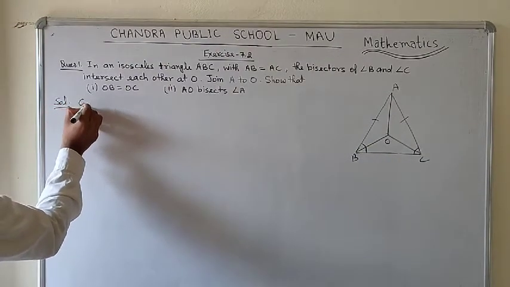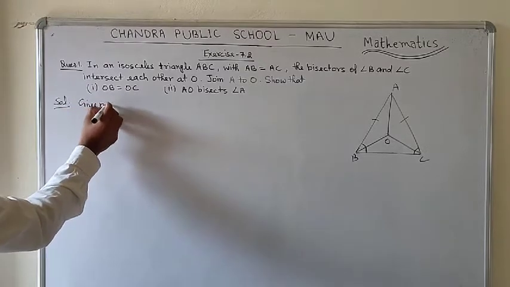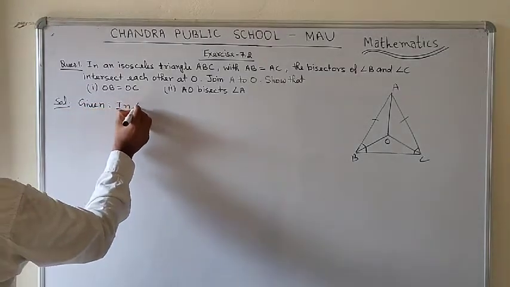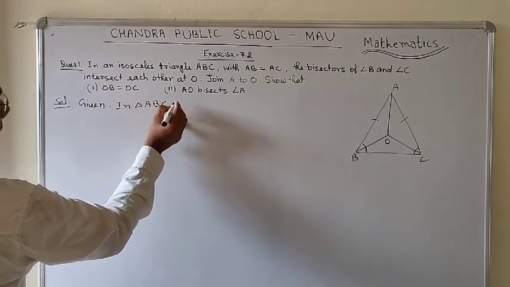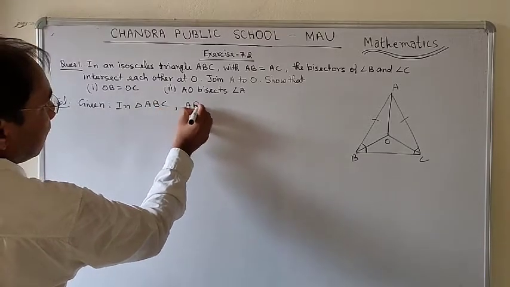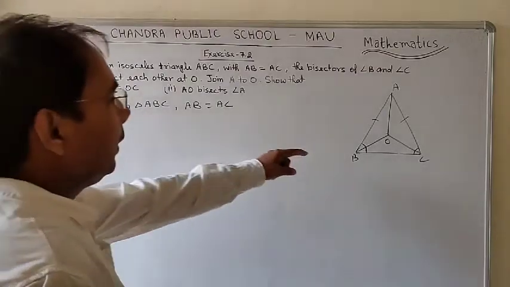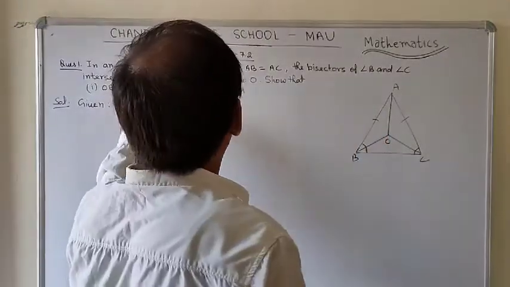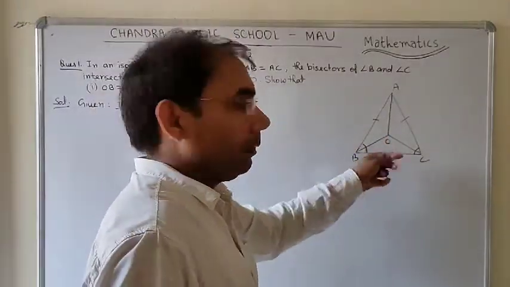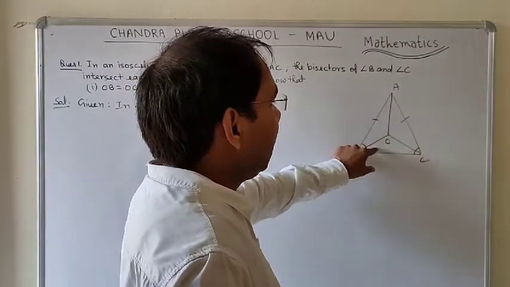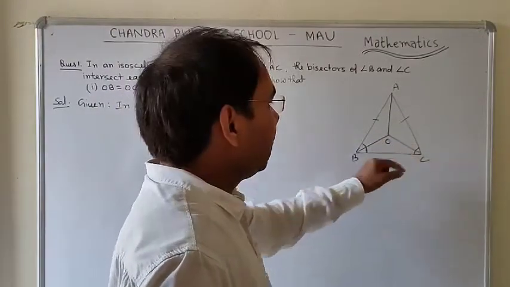First you will write given. In the given you will write, in triangle ABC, AB equal to AC. It is given, and here BO and CO are bisectors of angle B and C. Bisector means these two angles are equal and these two are also equal.